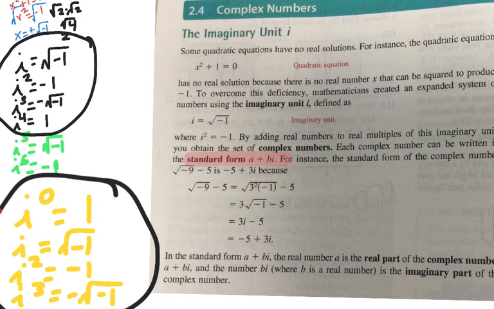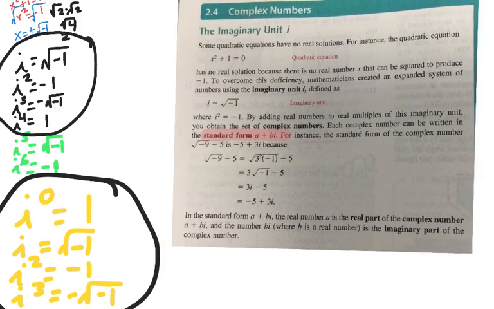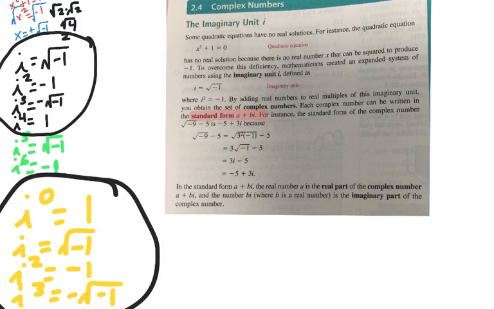For instance, the standard form of the complex number square root of negative 9 minus 5 is negative 5 plus 3i. So what they've done here, I know that it looks more confusing when you just have to look at it.